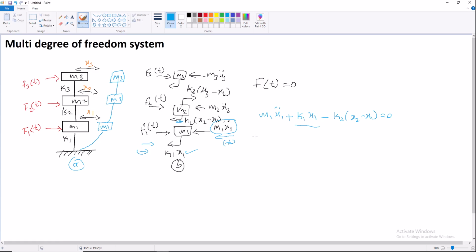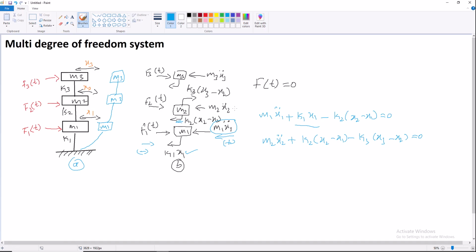Now if I want to write it for the second one, m2 x2 double dot plus k2 times (x2 minus x1) minus k3 times (x3 minus x2) is equal to 0. How have I written this one?